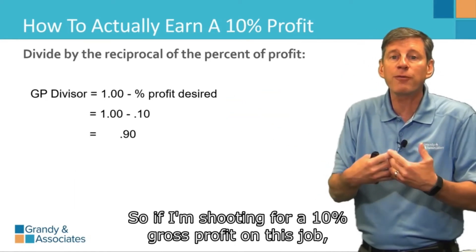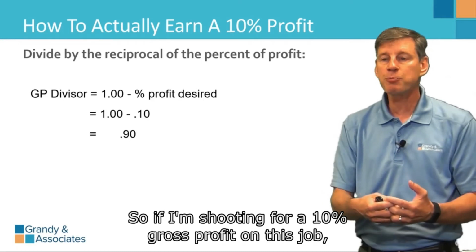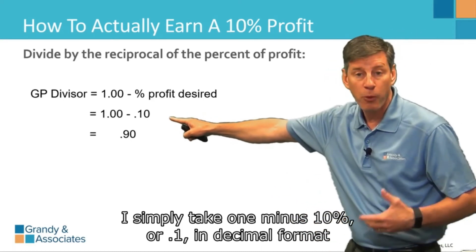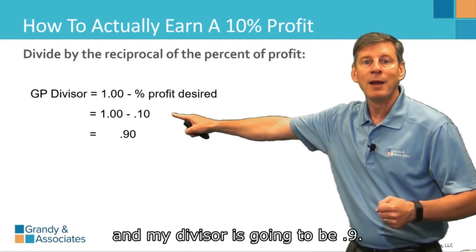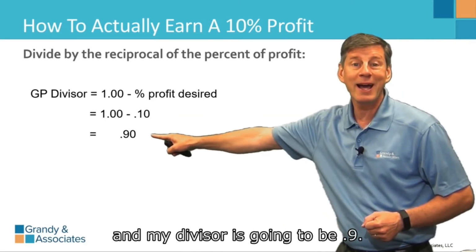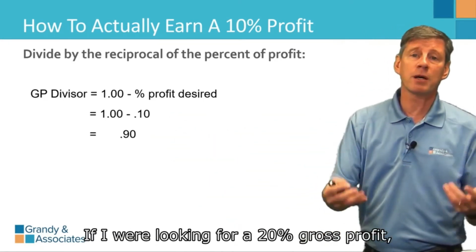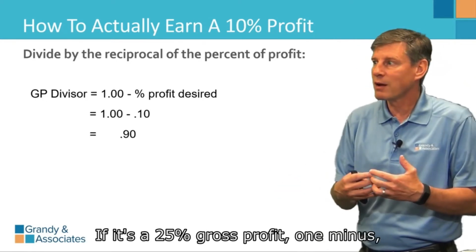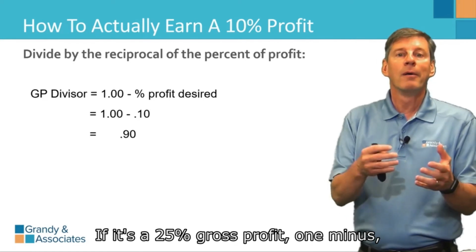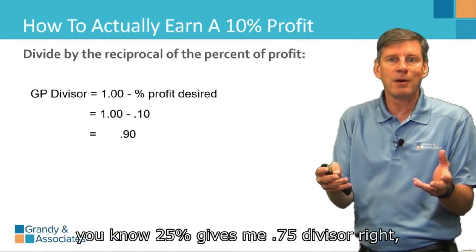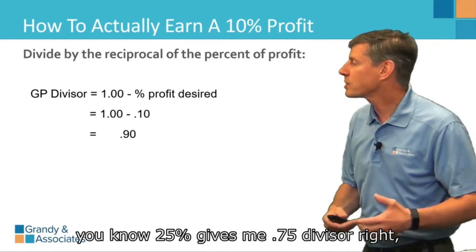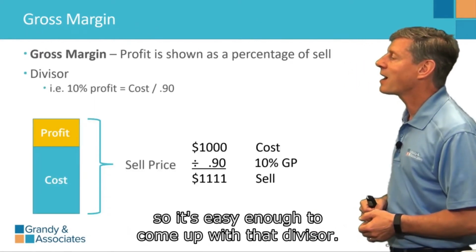So if I'm shooting for a 10% gross profit on this job, I simply take 1 minus 10%, or 0.1 in decimal format, and my divisor is going to be 0.9. If I were looking for a 20% gross profit, then my divisor would be 0.8. If it's a 25% gross profit, 1 minus 25% gives me 0.75 divisor, right? So it's easy enough to come up with that divisor.